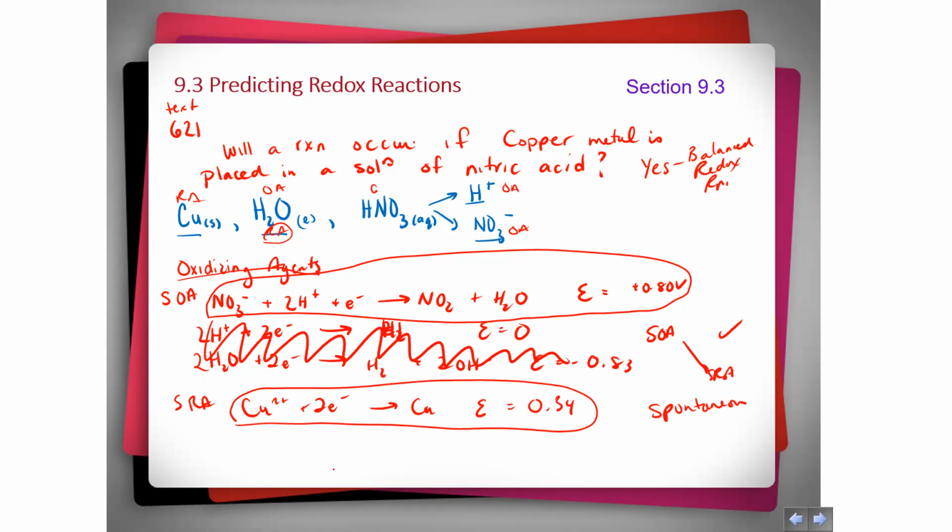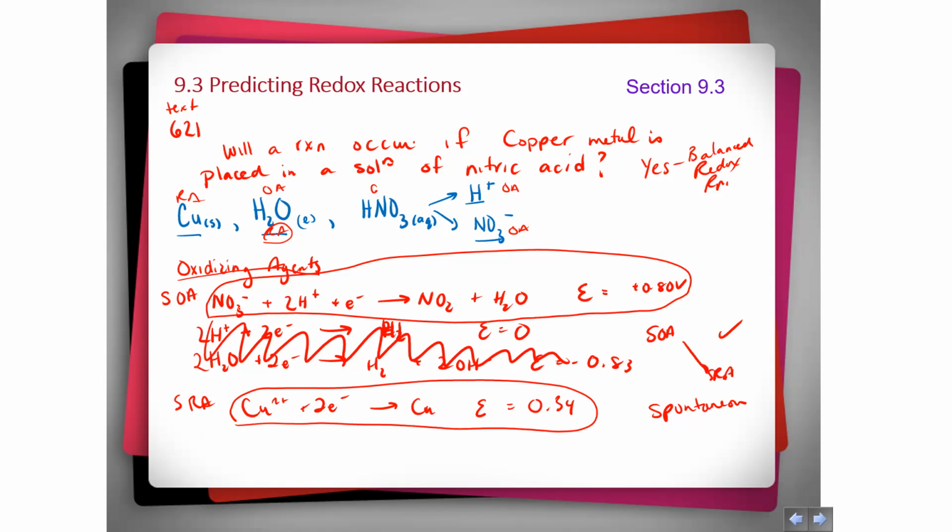Now, what you have to do is put these two together and actually balance them. If nitrate is going to be your oxidizing agent, then copper is going to be oxidized. And so you have to actually flip copper's equation, because copper didn't go in as an ion, it went in as a solid.